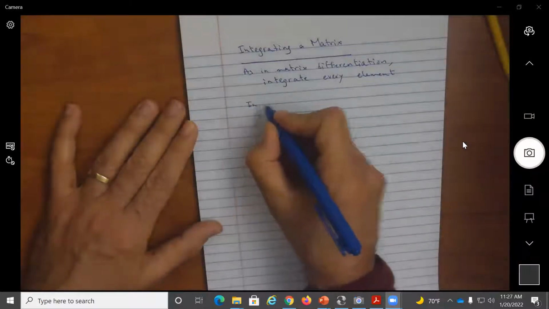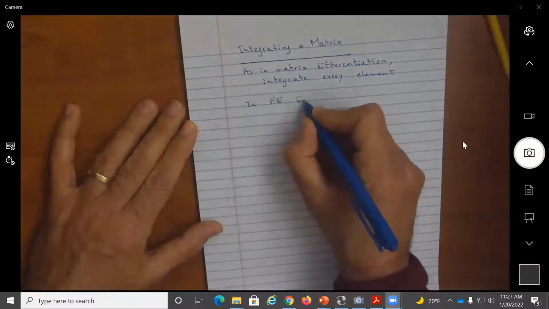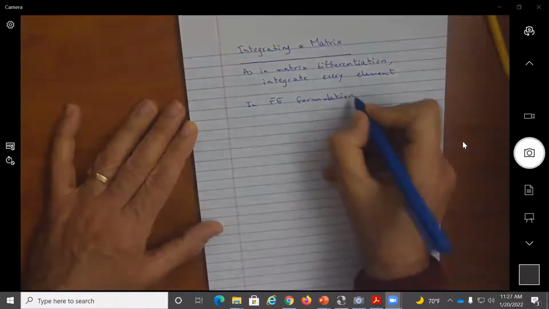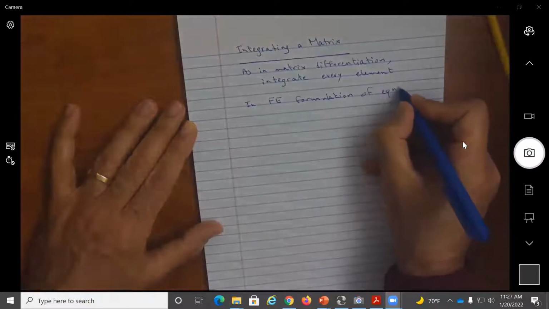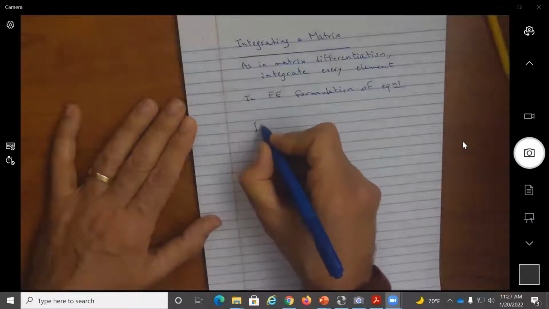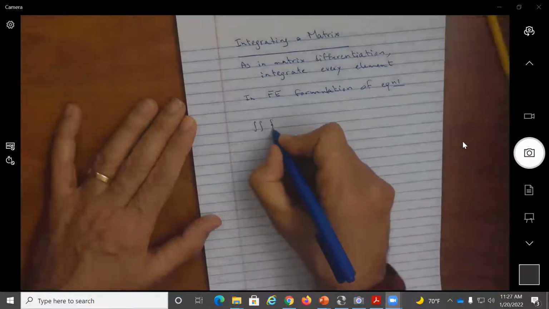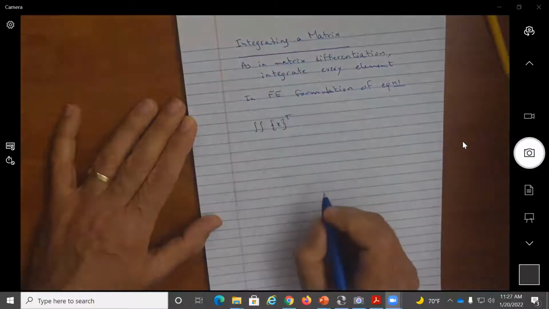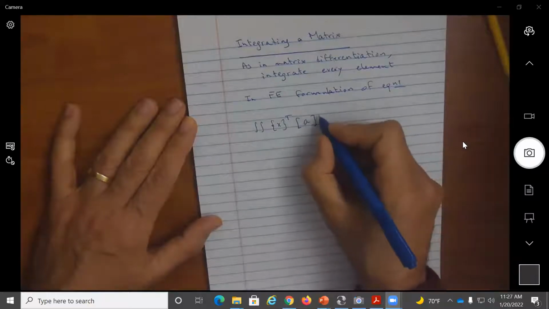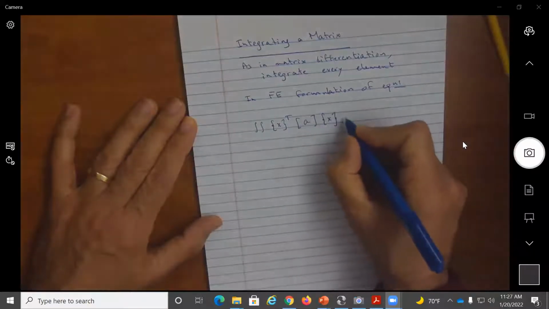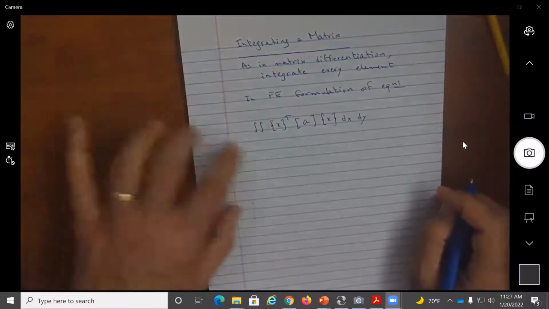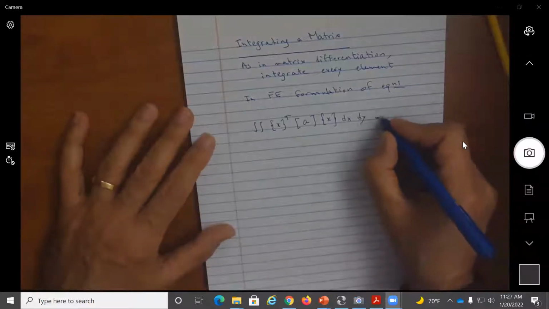In the finite element formulation of equations, you're going to see the form, the double integral of x transpose multiplied by A multiplied by x dx dy. And this is a definite integration and will yield a scalar.